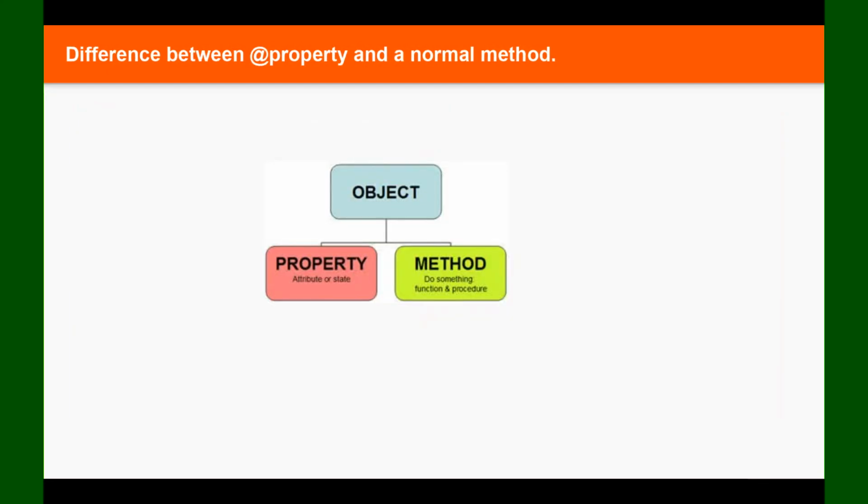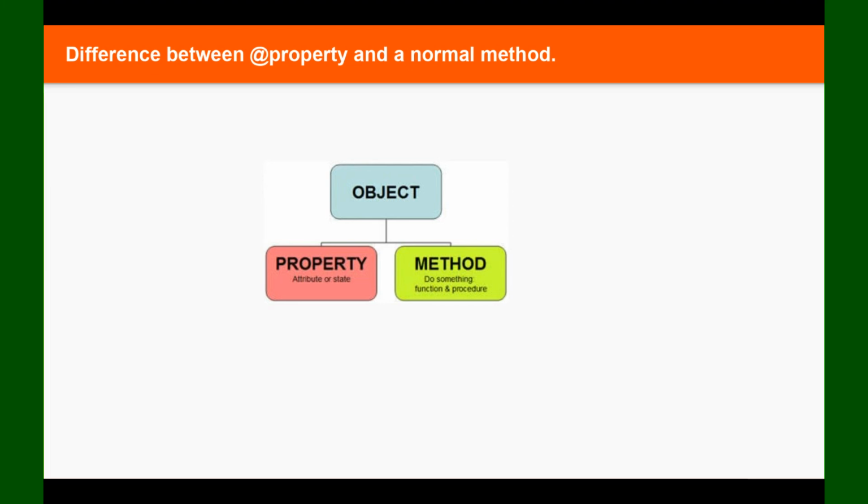Next question. What is the difference between @property and a normal method? The syntax of a property is object.attribute and for a normal method is object.method(). @property is used to represent computed attributes.